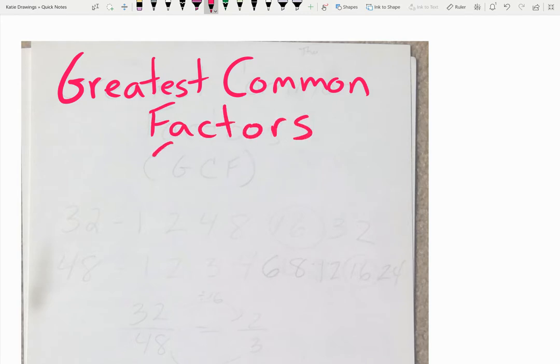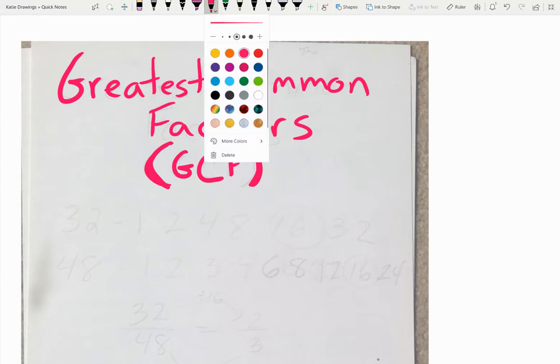The abbreviation is GCF. On tests they may say GCF instead of greatest common factors. Especially in business school, they don't spell it out, they just use the acronym GCF. So let's take a look at what that means.